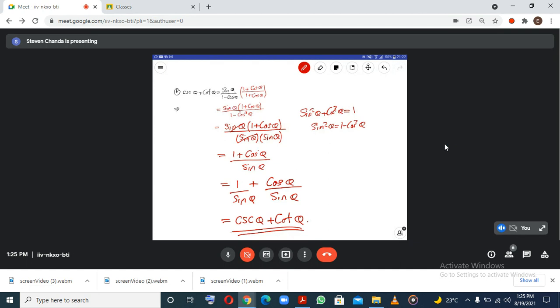The important principles that we are going to use are the sum and difference identities. I'm going to write them and then we're just going to utilize a few.